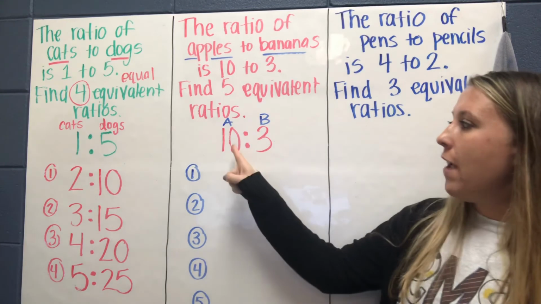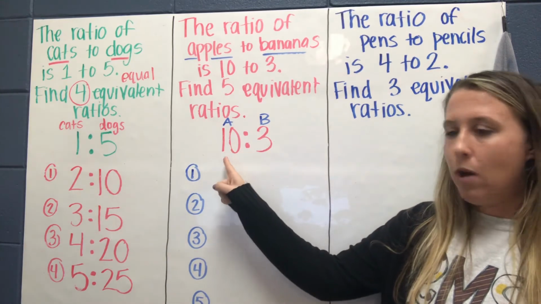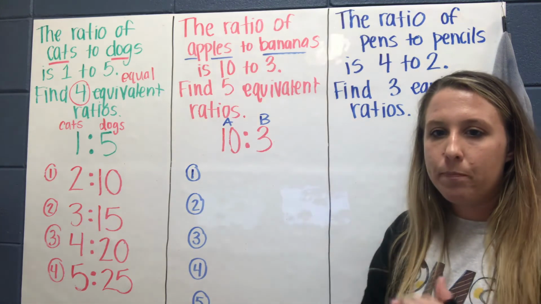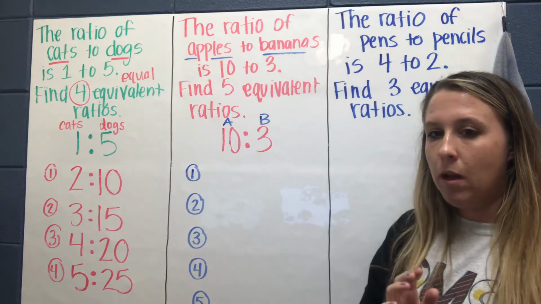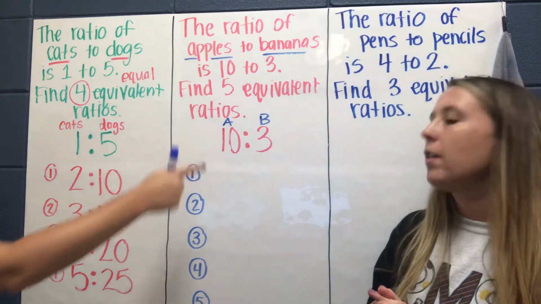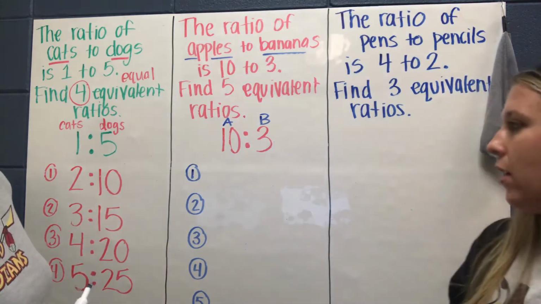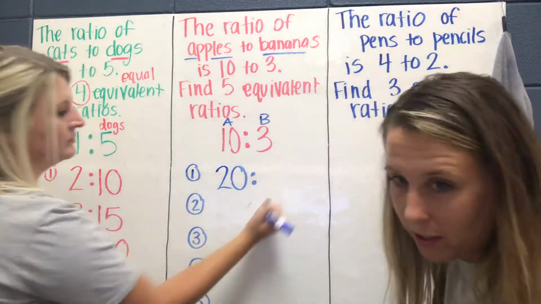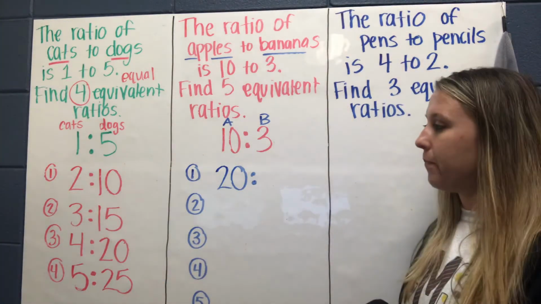Okay, so if I'm going to skip count by 10, what would come first? 10, then what? What would be the first next multiple? Just go ahead and put the next one. So we're skip counting by 10. We would have 10, then 20. Good, I'm seeing it. Not very much participation, but I'm seeing it.